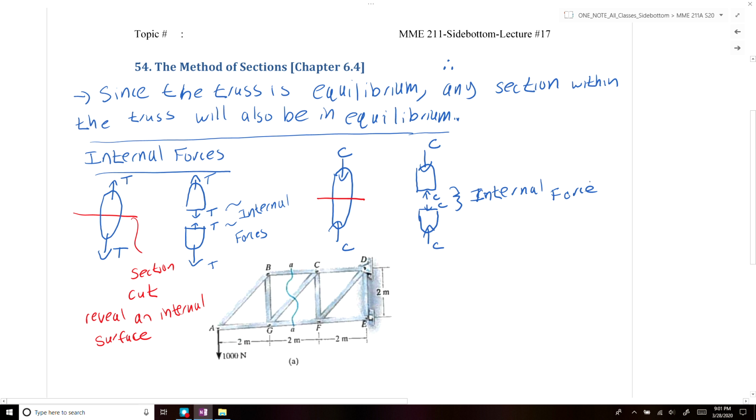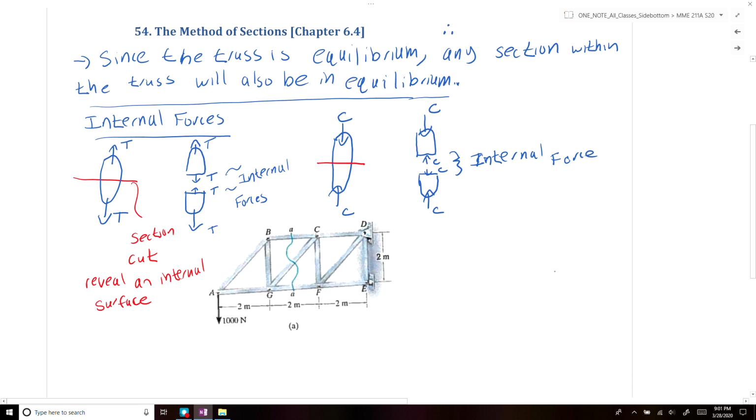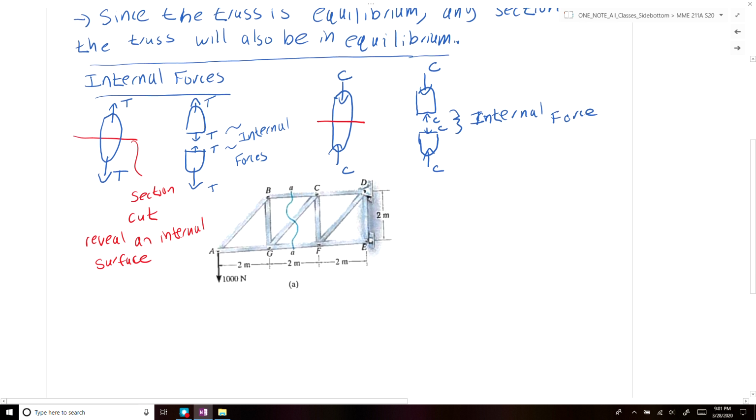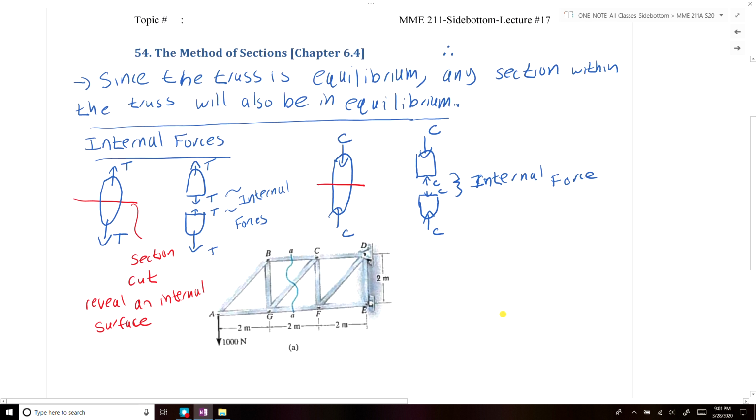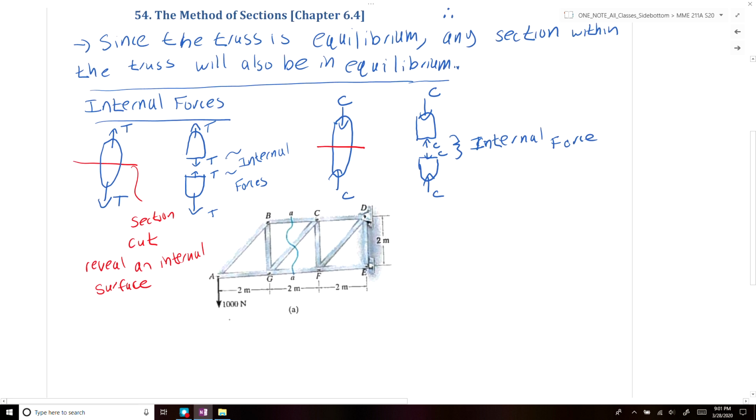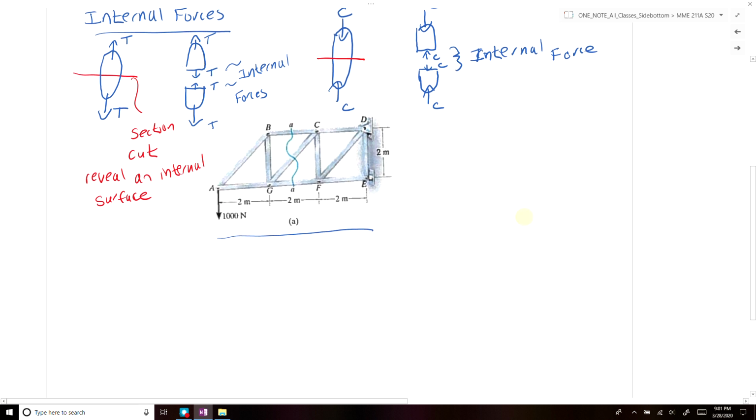So we're going to use that to analyze this truss here. What we're going to do is break this truss in this picture into two sections. We're going to cut the truss into two parts.